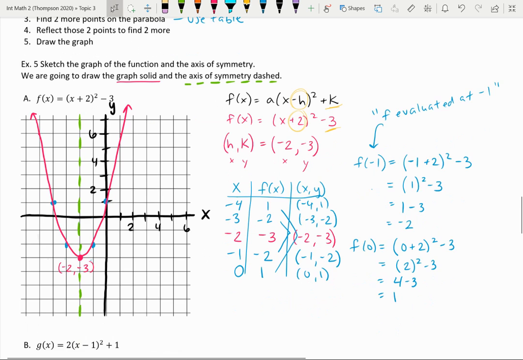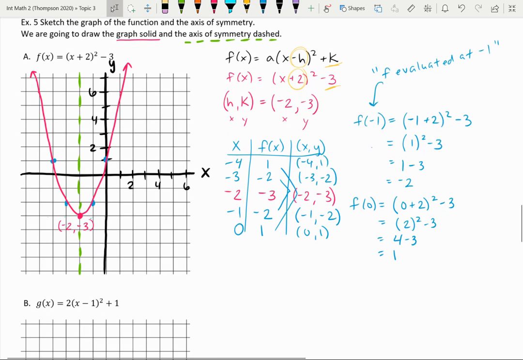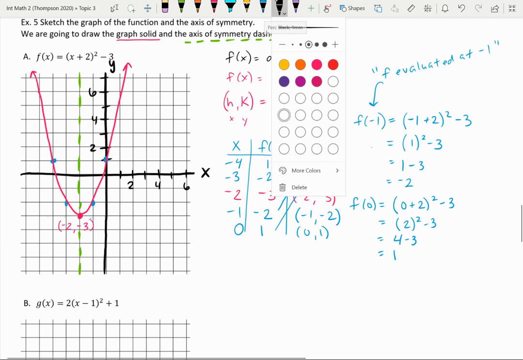So, example B, very similar. I'm going to do it much the same way. First thing first, here is my equation for vertex form of a quadratic.